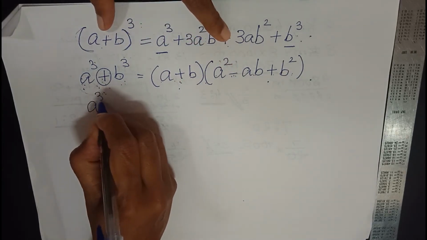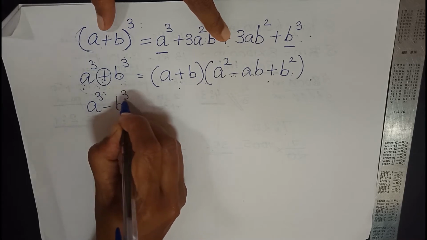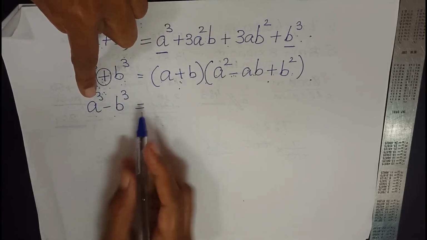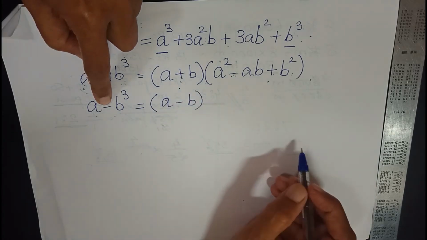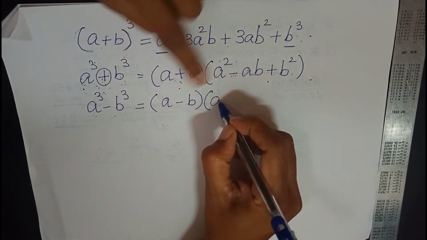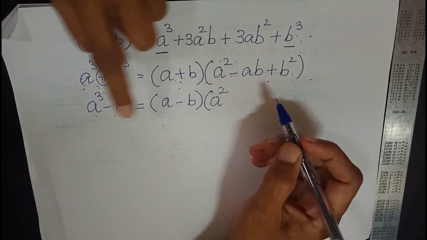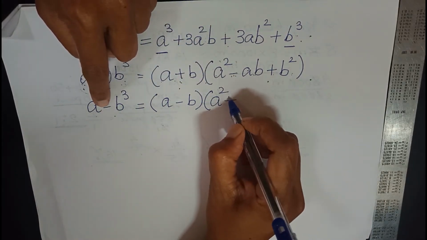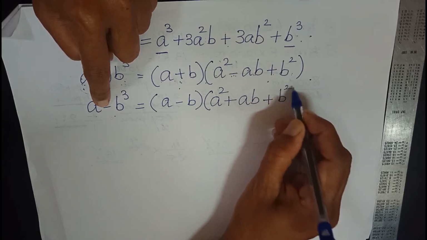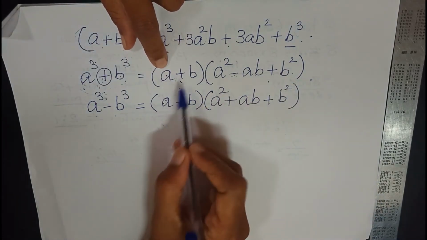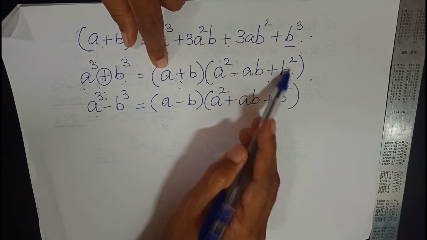Similarly, we can get a formula for a cube minus b cube. Since there is a minus here, the first bracket will be a minus b. The second bracket will be a square as it is here, but since there is a minus here, there will be a plus here: ab plus b square. All the things are the same. You can see a, b, a square, ab, b square.